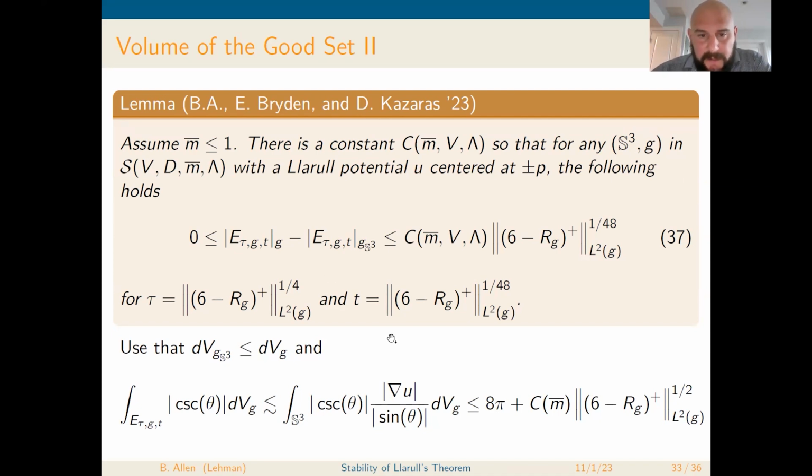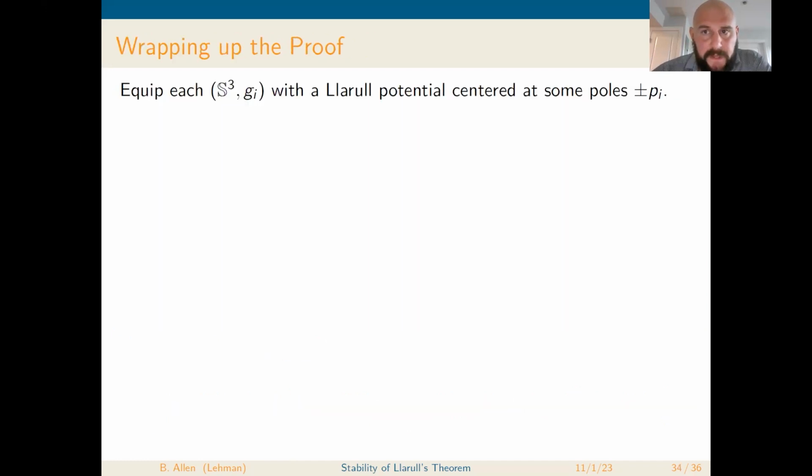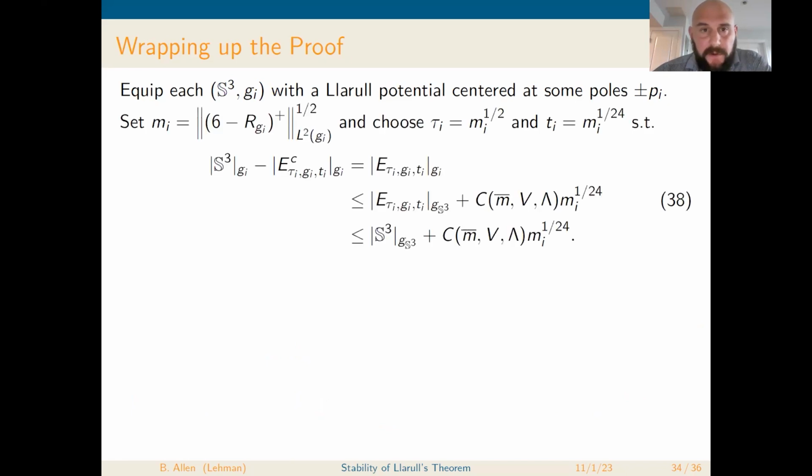Okay, and finishing up the proof, then, we're going to again equip each Riemannian 3-sphere with Llarull potential centered at poles, so that we have volume control on the poles, like I showed you earlier. And there's some choices for these parameters, which we can give very explicitly.